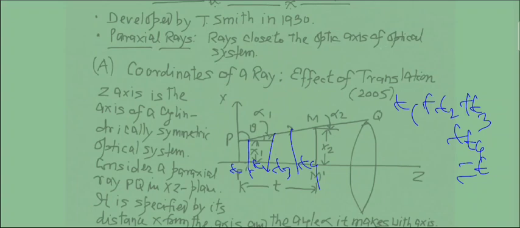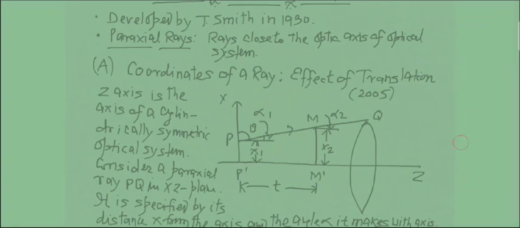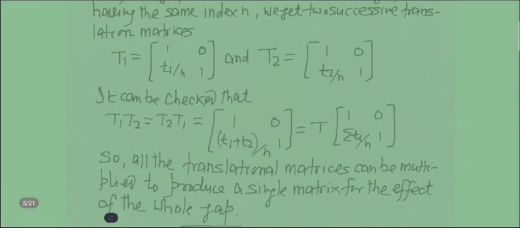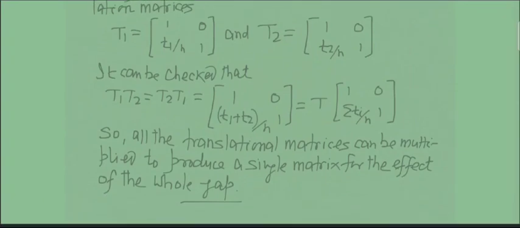But when we write in terms of matrices, corresponding to T1 we will have capital T1, corresponding to T2 we will have capital T2, corresponding to T3 capital T3, corresponding to T4 capital T4. All these will be multiplied to give you capital T, which corresponds to this small t. So in terms of matrices, it becomes multiplicative. So all the translation matrices can be multiplied to produce a single matrix for the effect of the whole gap.